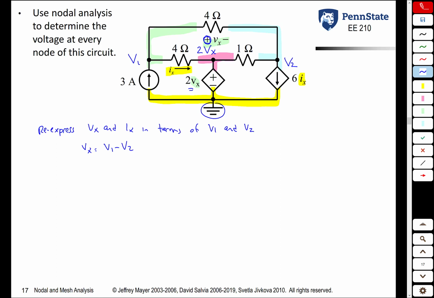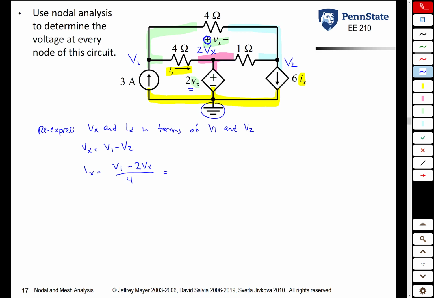For Ix, we have to use Ohm's law. The current through the resistor is the voltage across the resistor divided by the resistance. The voltage across the resistor is the voltage at the left end minus the voltage at the right end. So from Ohm's law, Ix is the voltage at the left end, which is this variable V1, minus the voltage at the right end, minus 2Vx, over the resistance, 4 ohms.